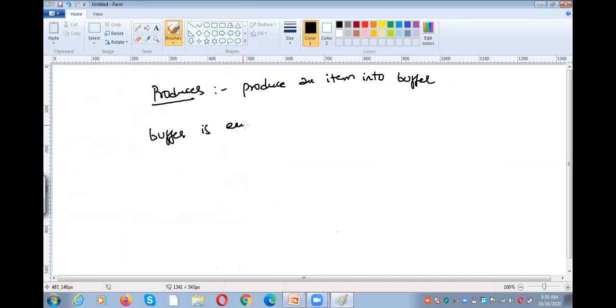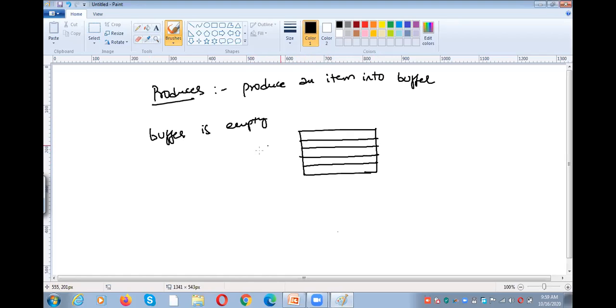For example, the buffer is empty. 1, 2, 3, 4, 5. So the buffer can hold 5 items. How many items can a buffer hold? 5 items. Initially, what is the empty value? If you observe the diagram, how many empty slots are there? 5 empty slots are there.